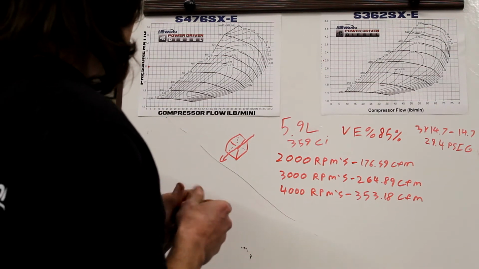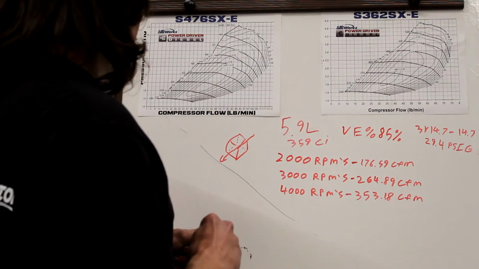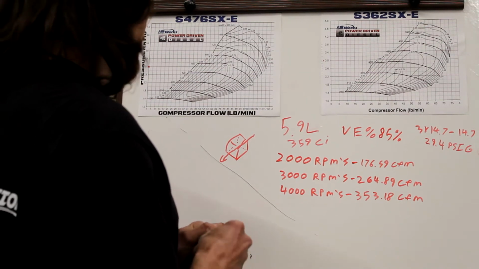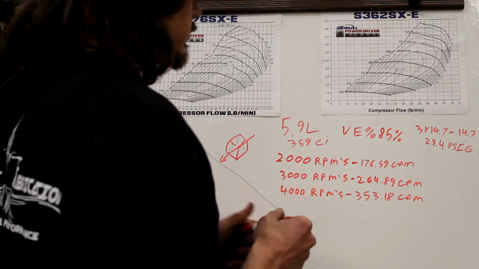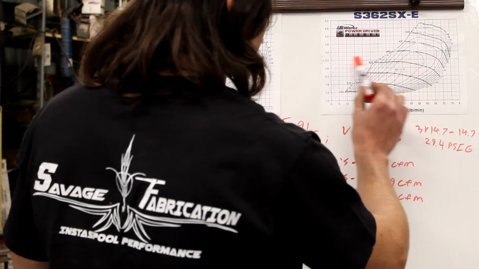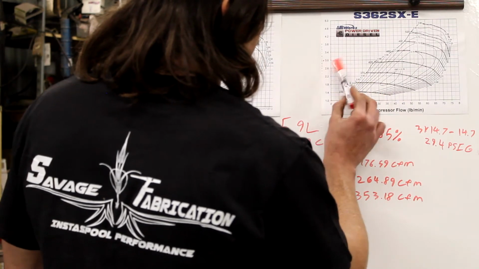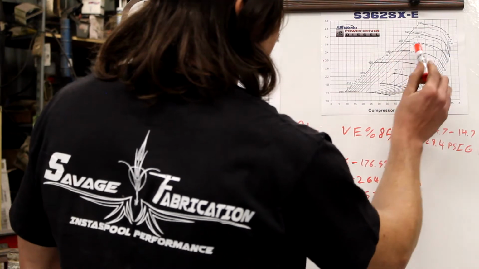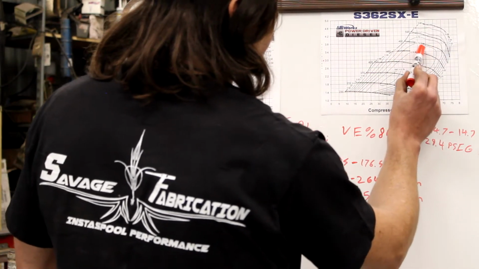So let's see. Let's just do the math. We'll use the 62 first, just because we're going to end up in this area probably a lot easier. So we're going to take 3.0. We're going to follow it over. Let's say we're in this island here. This is the 74% efficiency island.